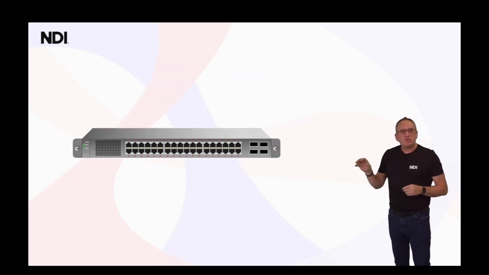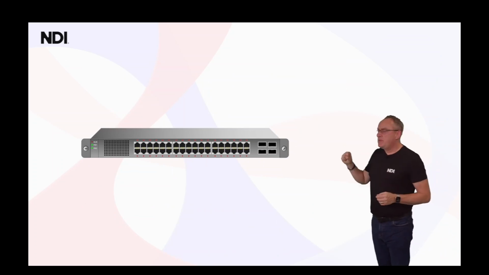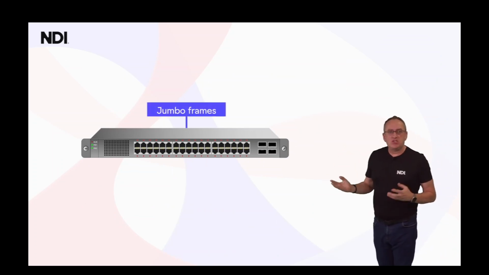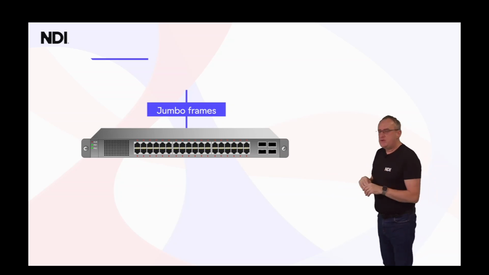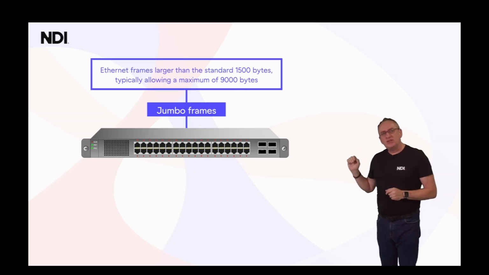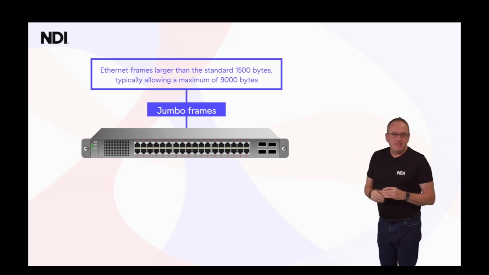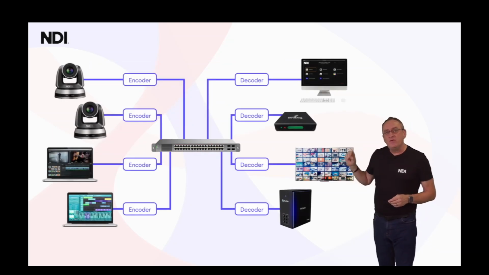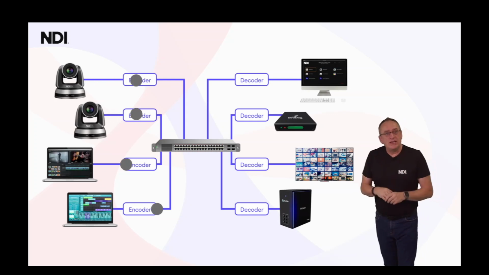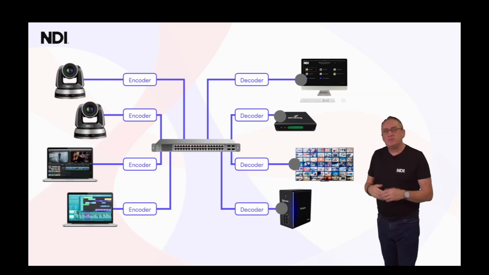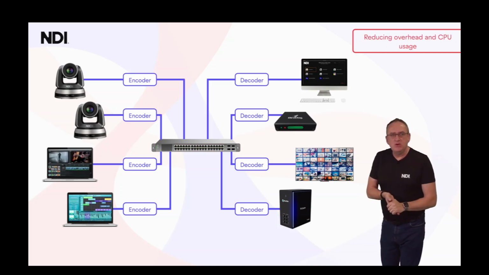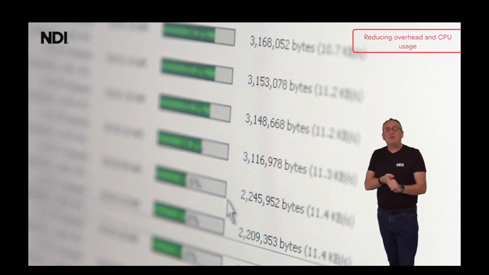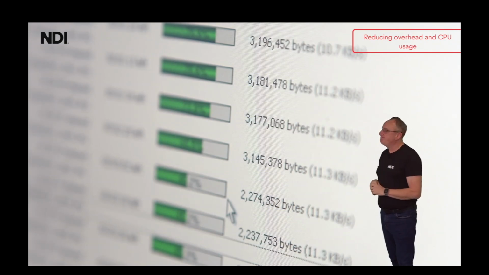Now, many network switches have the option to enable something called jumbo frames, and some have this option enabled by default. Jumbo frames refer to Ethernet frames larger than the standard 1500 bytes, typically allowing a maximum of 9000 bytes, and they're designed to improve network efficiency by reducing the number of packets required to transmit large amounts of data, which is helpful in reducing overhead and CPU usage on networks handling big files or bulk data transfers.